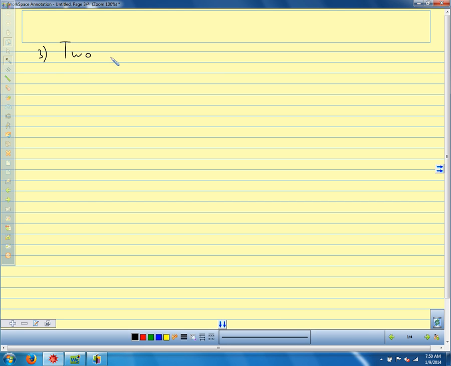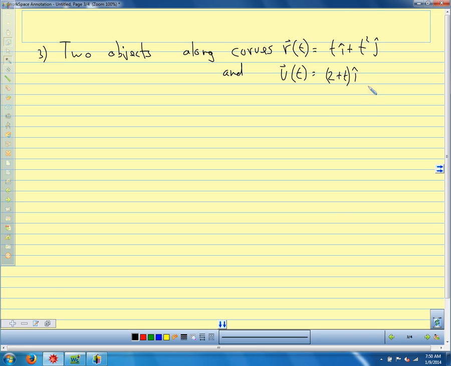All right, so we have 2 objects for this one. And they're traveling along the curves r of t equals t i plus t squared j, and u of t equals 2 plus t i and a t j.